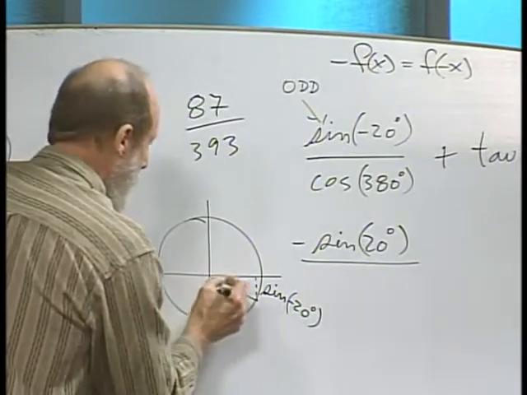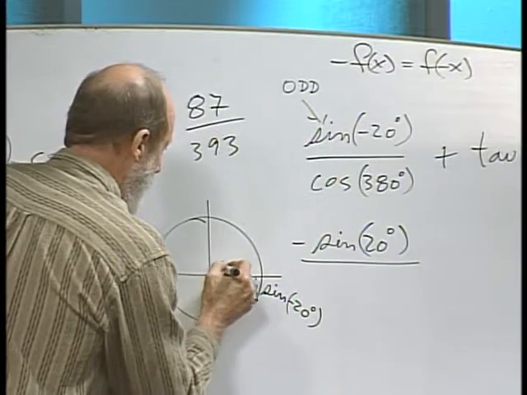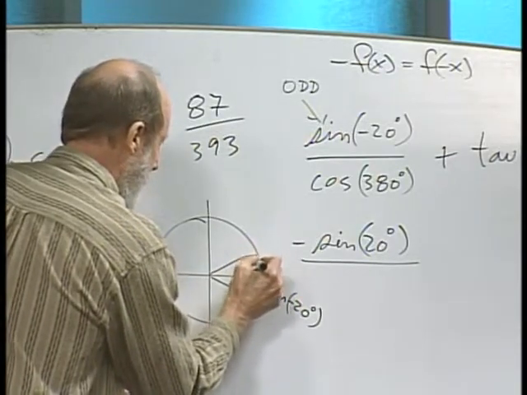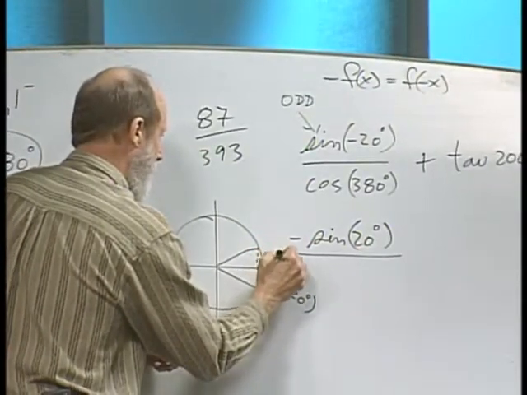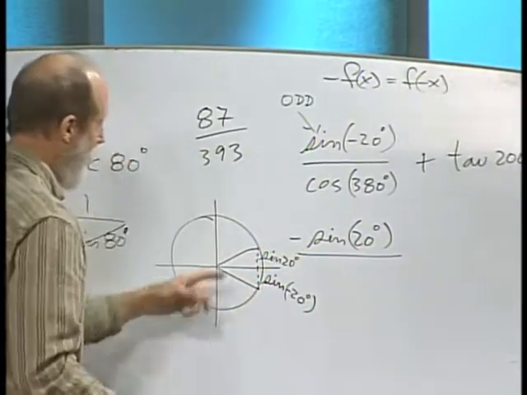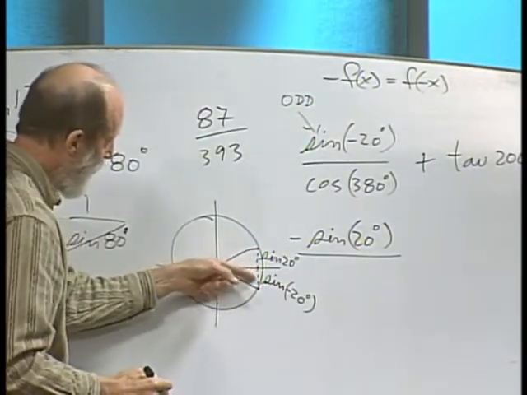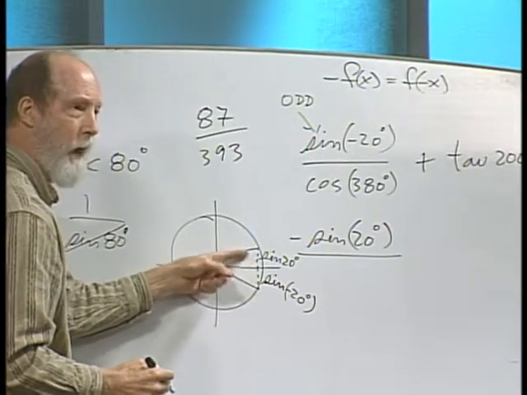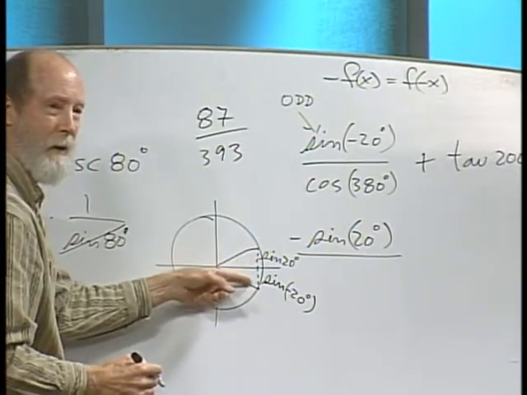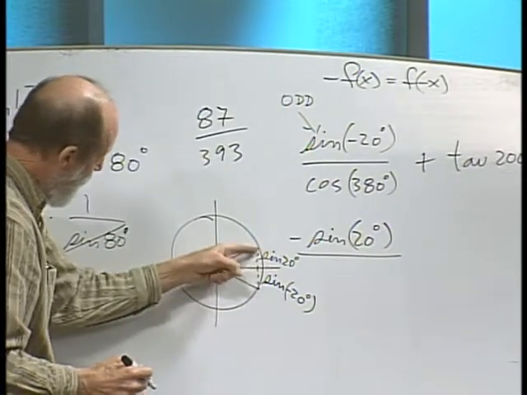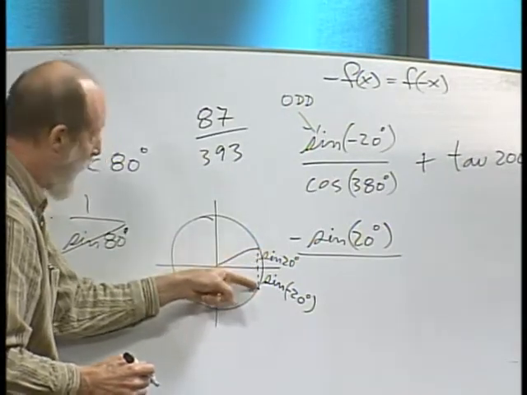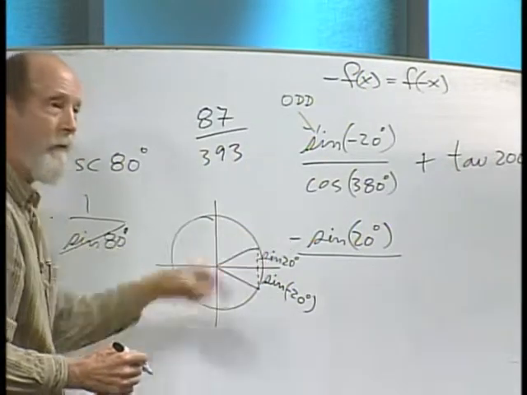If I drew the positive 20 degree angle, it's going to sit right there. Right? And that's the sine of 20 degrees. Well, aren't those lengths right there the same? Except one's the opposite sign of the other one? Yeah. So if I took the negative of this value, it's going to be that value. And so there it is.